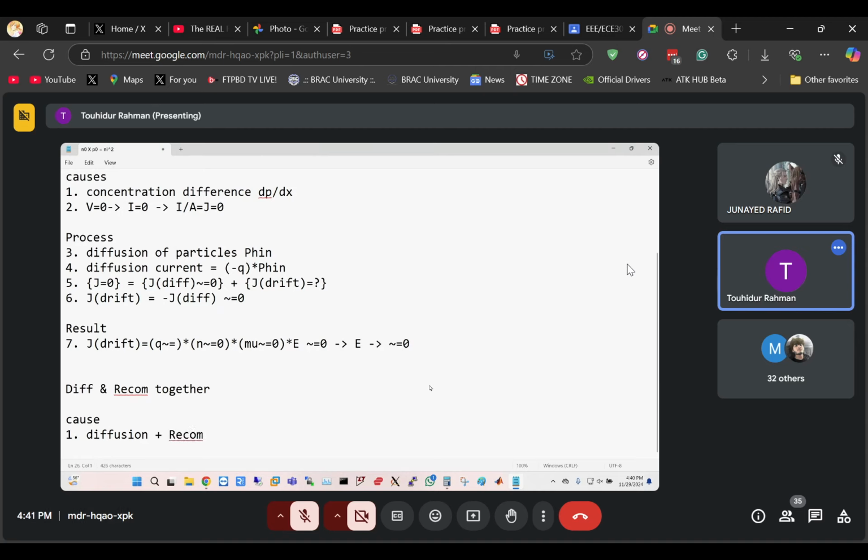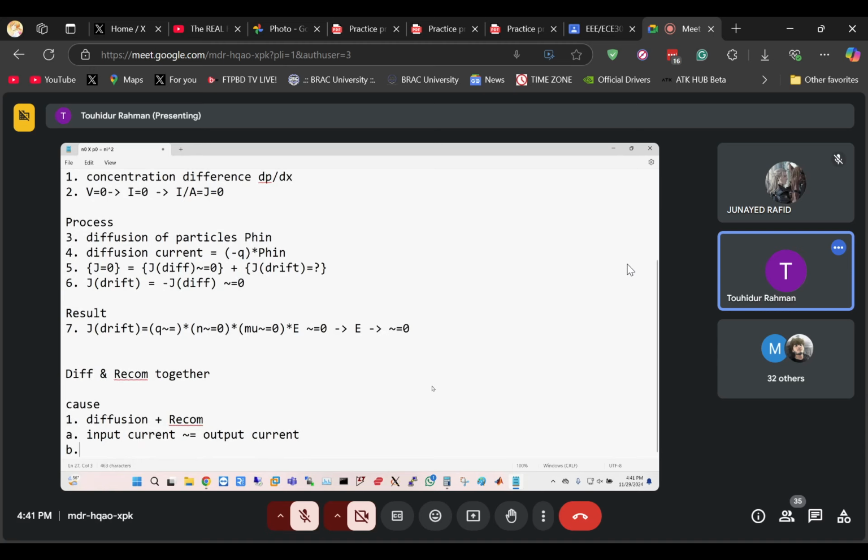If we do that, the mathematical expression for this condition would be as follows.